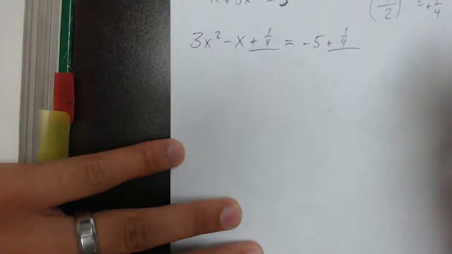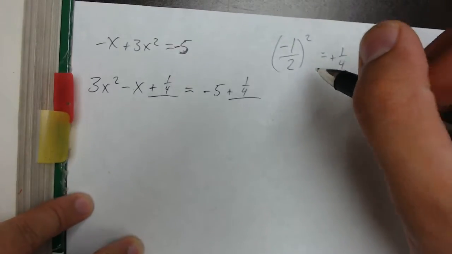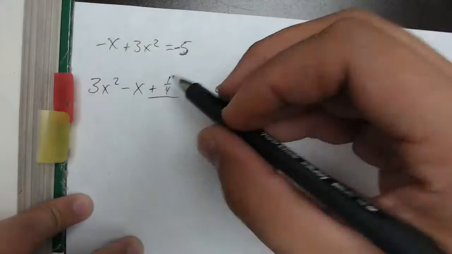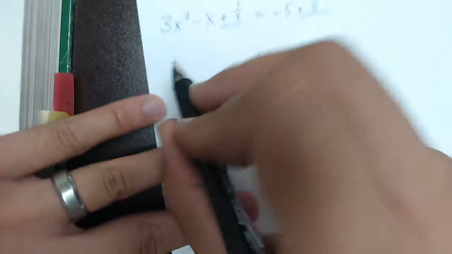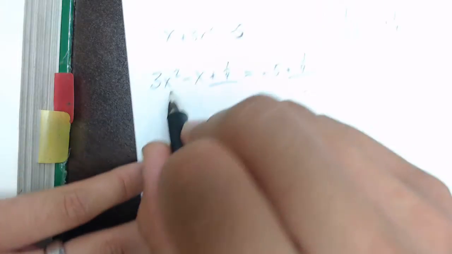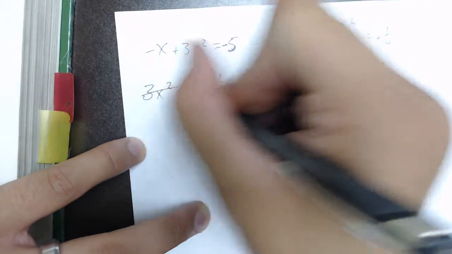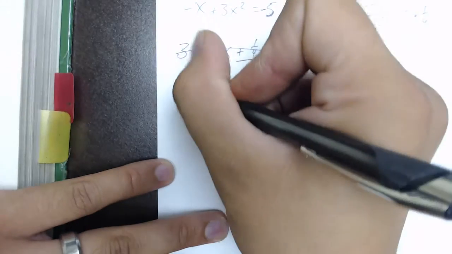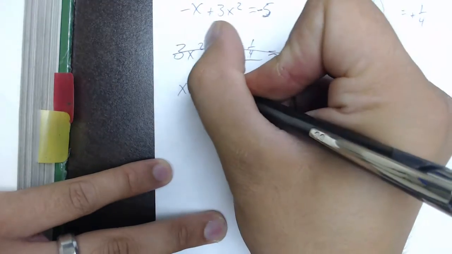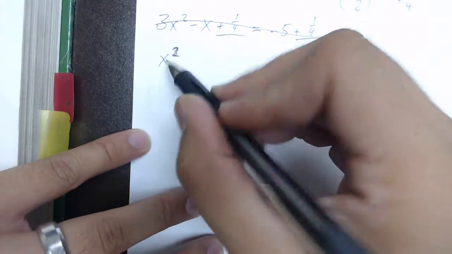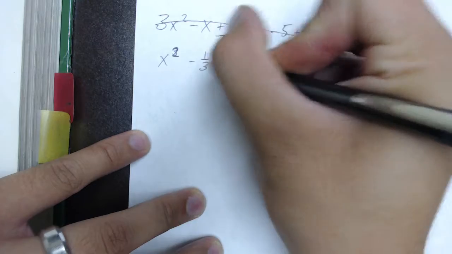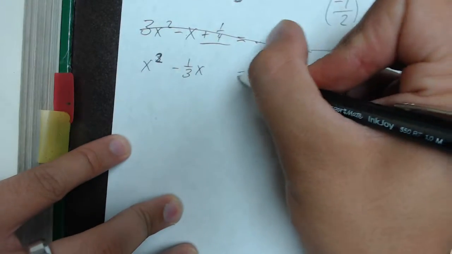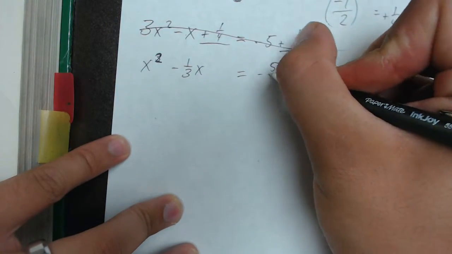Okay. So the mistake I made was I jumped the gun in dealing with the coefficient of x. What I should have done was eliminate the coefficient of the x squared. So the first thing we should have done is divide everything by 3. If we divide it by 3, that gives us x squared minus 1/3 x equals negative 5/3.